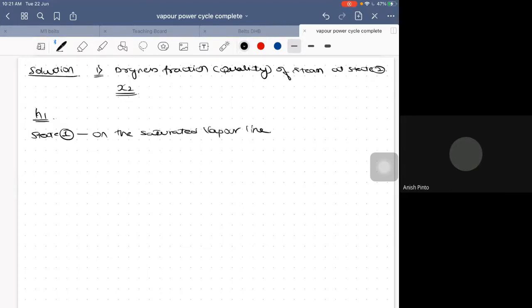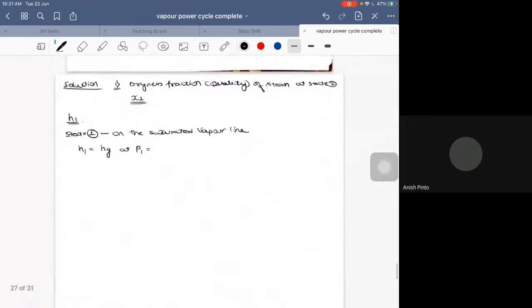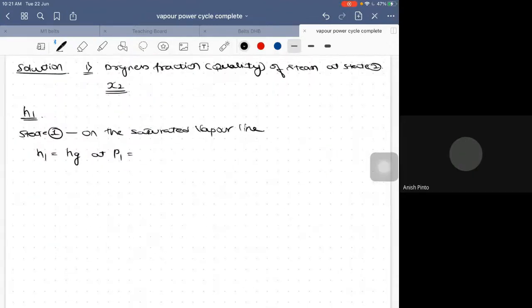So therefore, h1 is equal to hg at a pressure of, what is the state 1 pressure? So 25 bar. So at 25 bar, what is the value of hg from the steam tables?